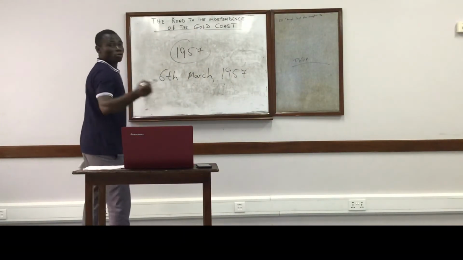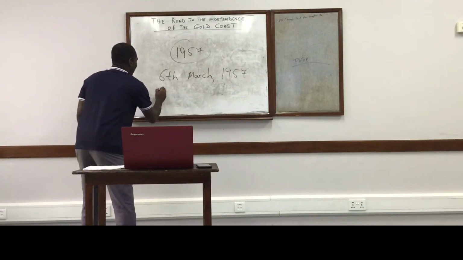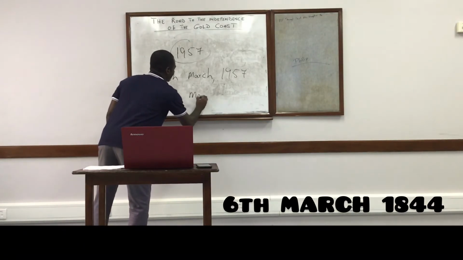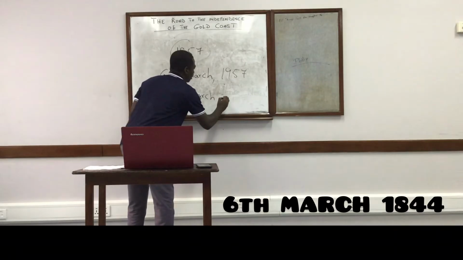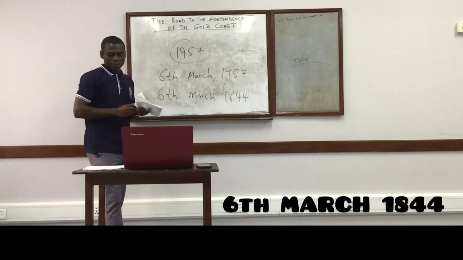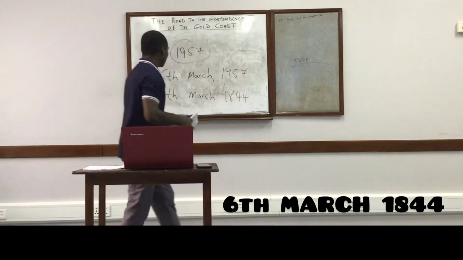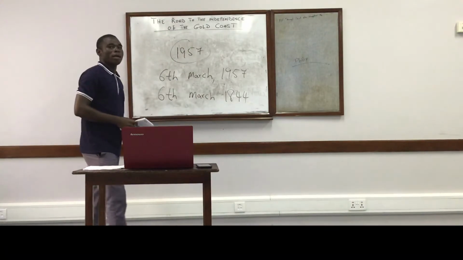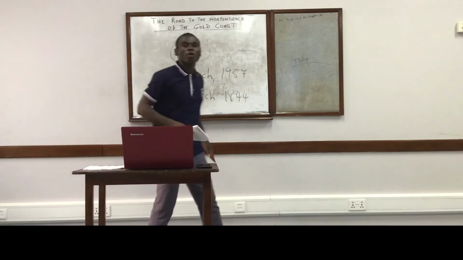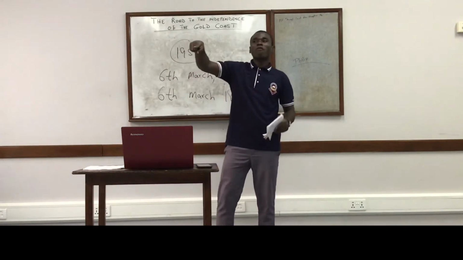There was a 6th March 1844. I like this part. On the 6th of March 1844, the British government signed an agreement with the Gold Coasters.